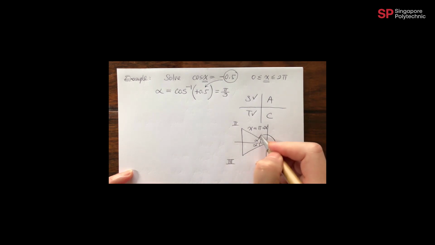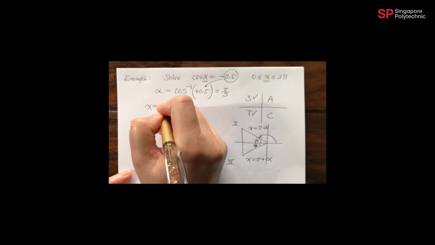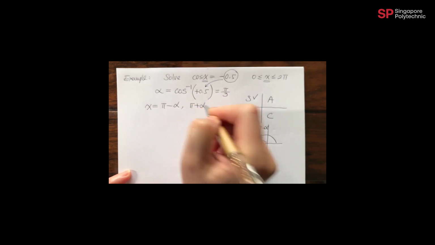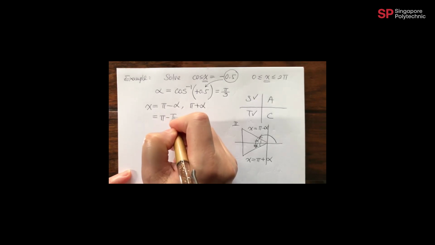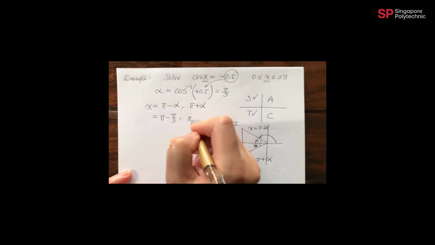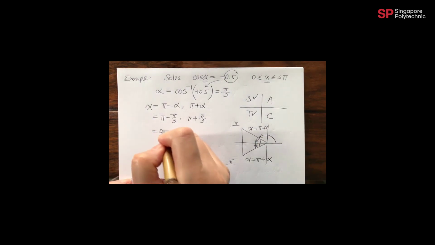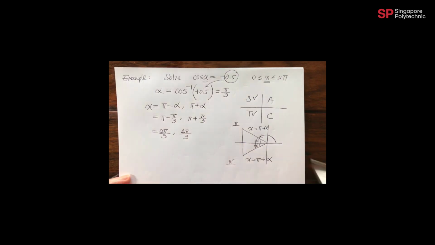And here is x in the third quadrant, that is pi plus alpha. So therefore, x equals pi minus alpha, pi plus alpha are my two answers, which is pi minus pi over 3 and pi plus pi over 3. So this will give me 2 pi over 3 or 4 pi over 3.